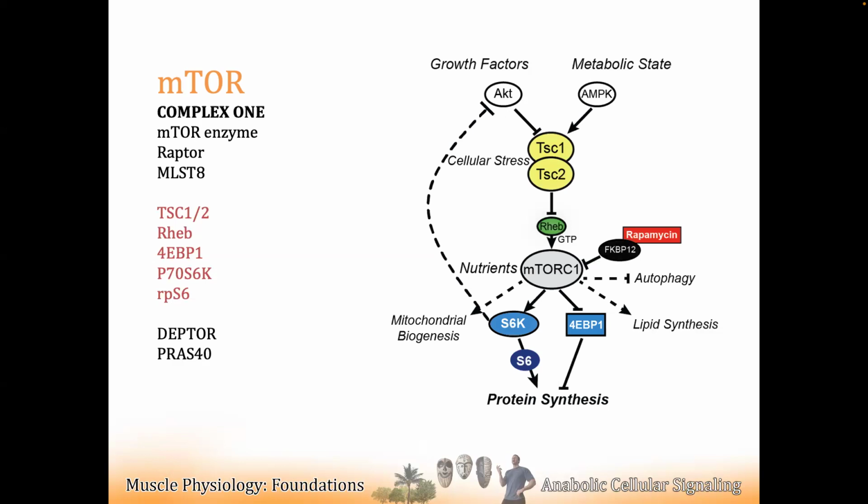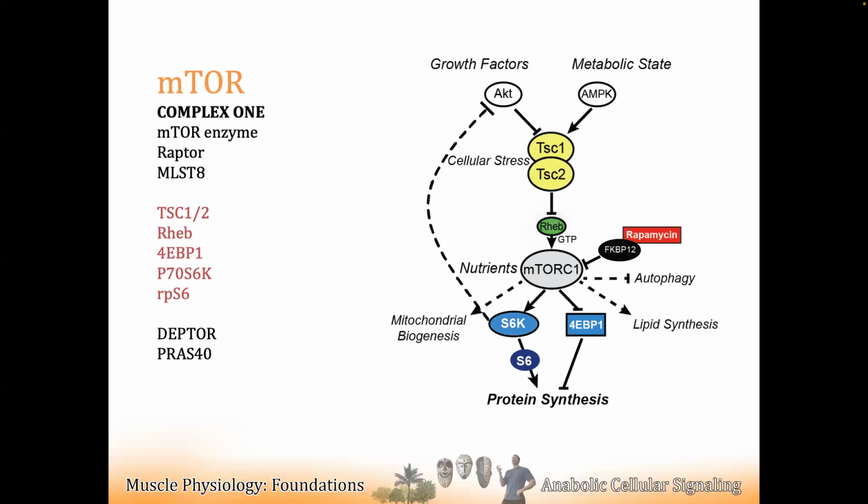A major upstream input for mTOR, an upstream activator, is PI3K. So you go from PI3K to PKB to tuberin to Rheb to mTOR. These are major landmarks on that road. And Rheb is the actual point of connection here.